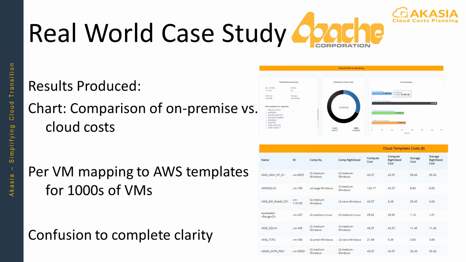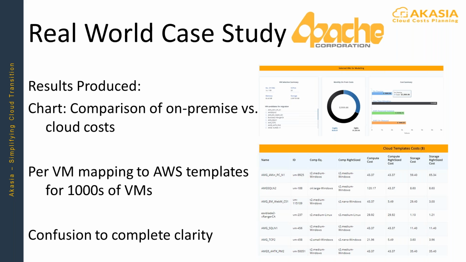What we did observe working with this cloud architect at Apache Corp was that when we started working with him, there was a great deal of confusion, a lot of questions that were unanswered in his project, a lot of frustration. But as we continued working with him, towards the end, when he got that output, he had complete clarity. There was a great deal of confidence in the case that he had made.